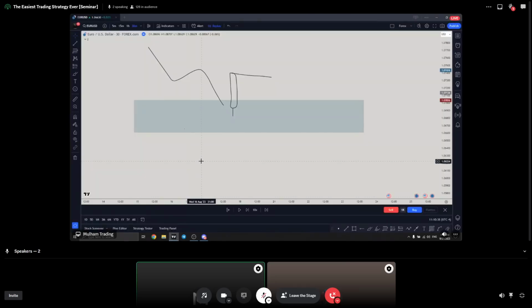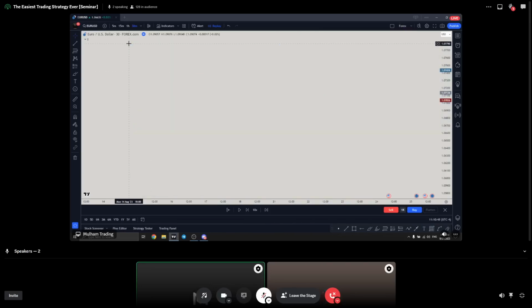Now coming back here, we're going to take different approaches. First of all, what is this zone? That's something we've got to agree on, so we should make it clear here. Whenever a new week starts, for example the week here on Sunday, the new daily candle starts, price is going up, and there is no fair value gap at all.